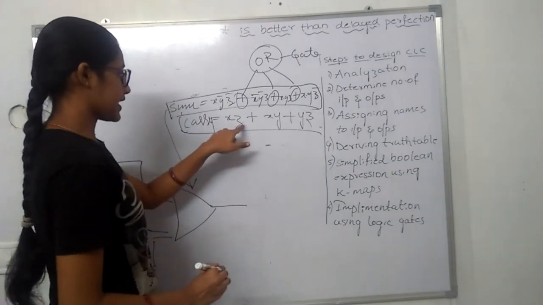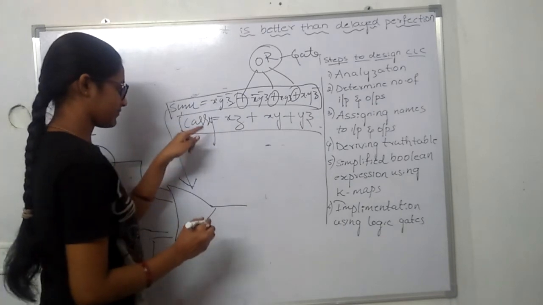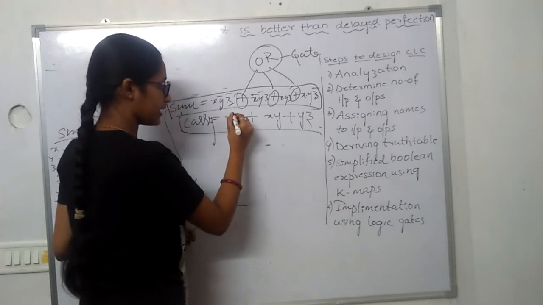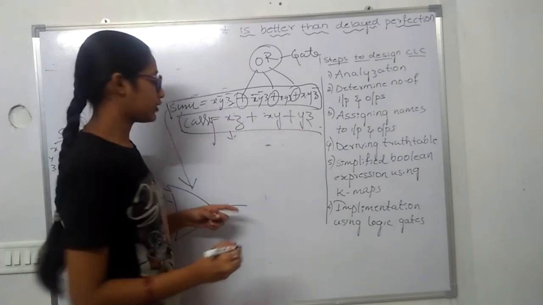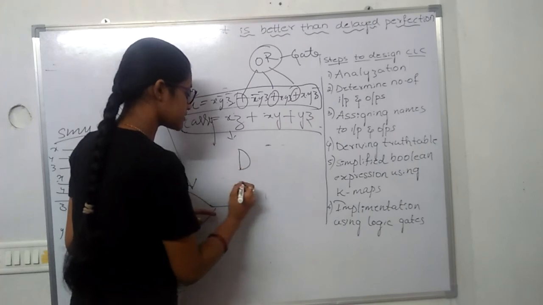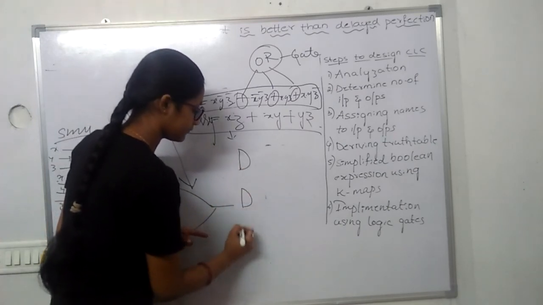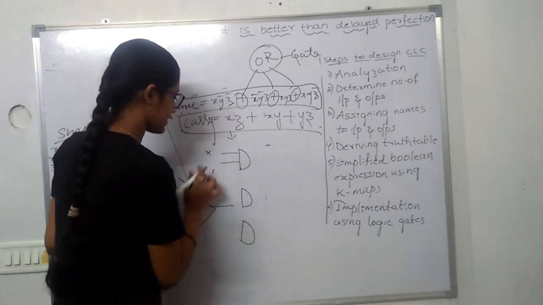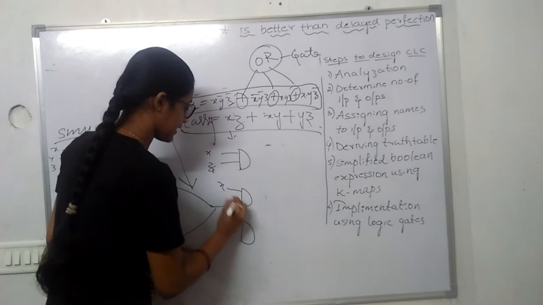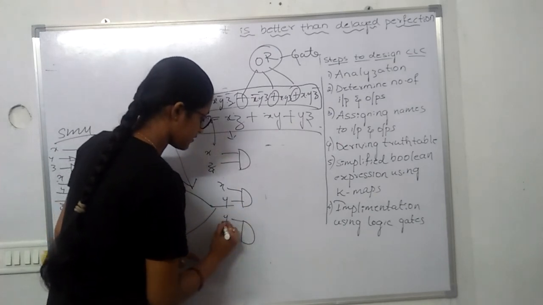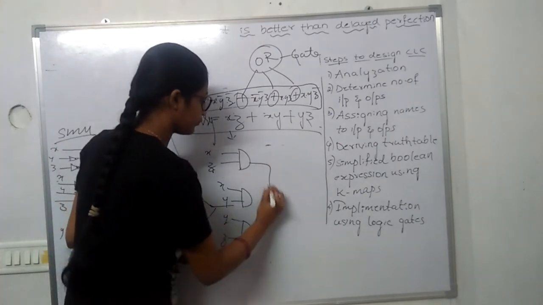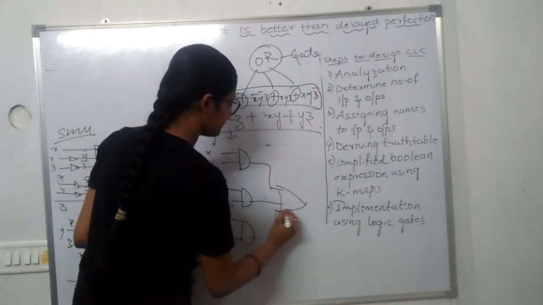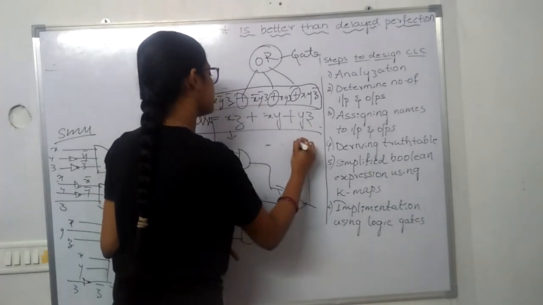So let's see for carry, not for XYZ, for carry. We have three terms, so we have to use three AND gates: XZ, and then XY, and then YZ. We give all those to one OR gate in order to add, and we get the final output.